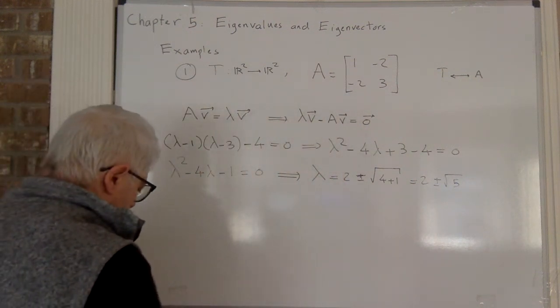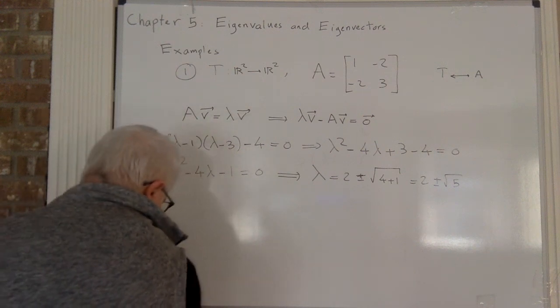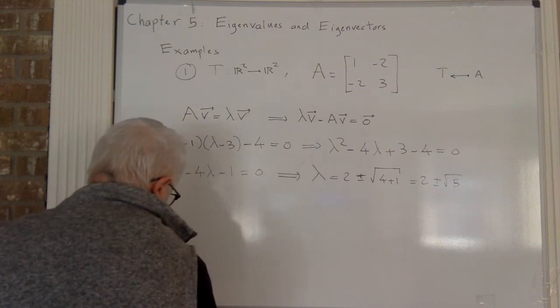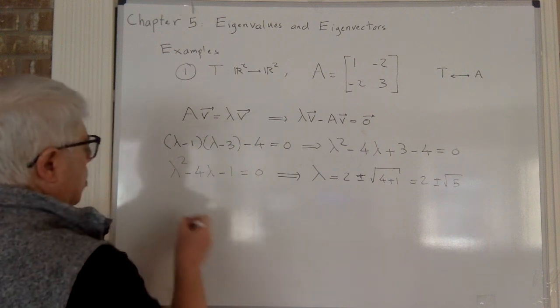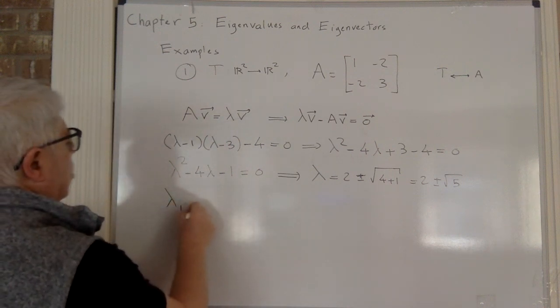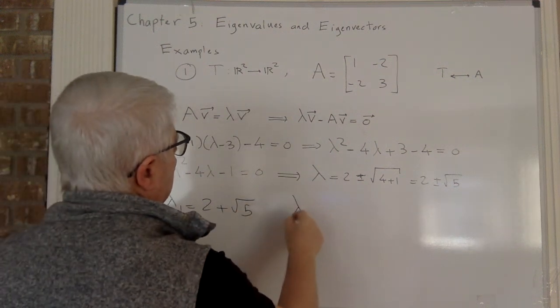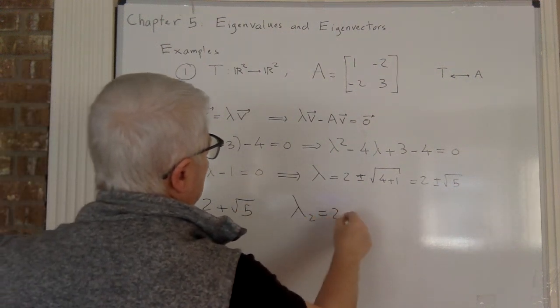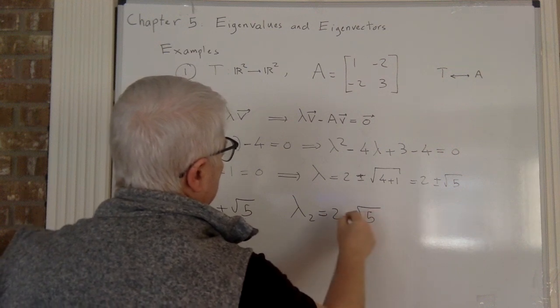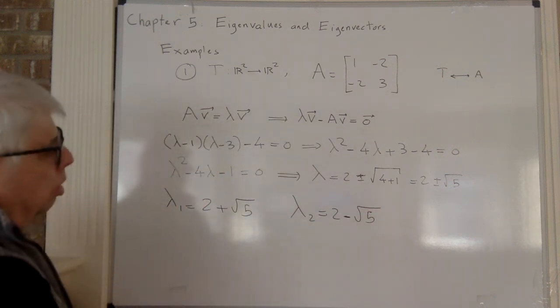Eigenvalue number 1 is 2 plus square root of 5, and eigenvalue number 2 is 2 minus square root of 5. So we are almost there.